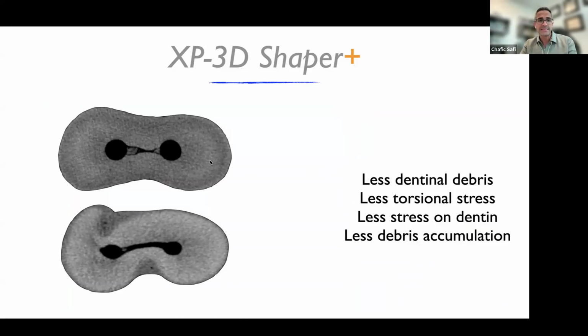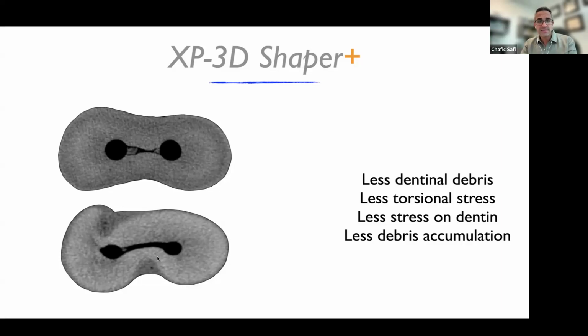If you look at this slide here, on the top part, we have traditional rounded files that have cleaned this root canal system. We see we have two round holes and the debris that have been accumulated in the isthmus between the two holes. On the bottom part, we have the same tooth that has been cleaned with the XP Shaper Plus.